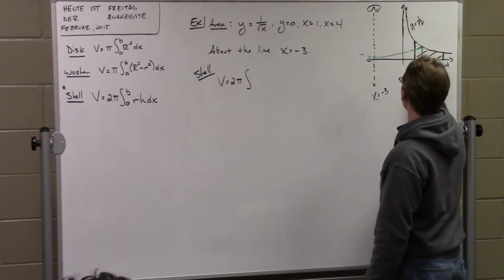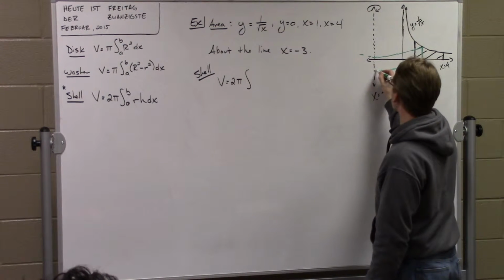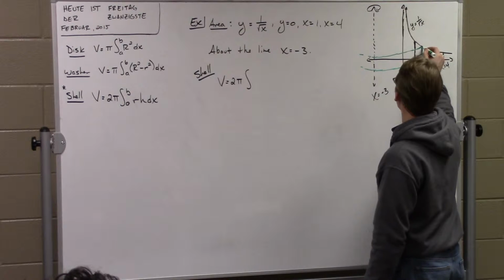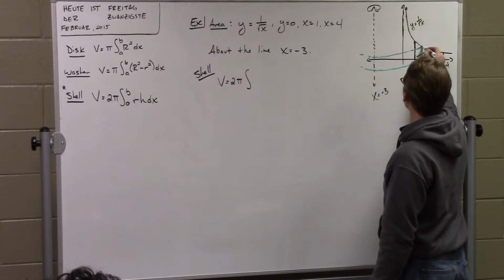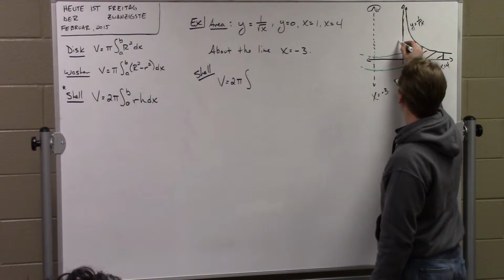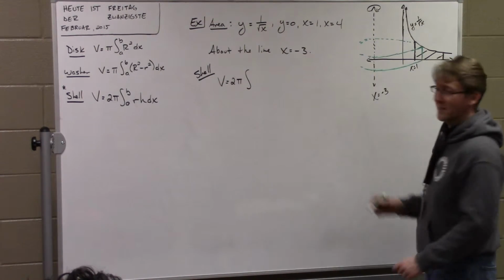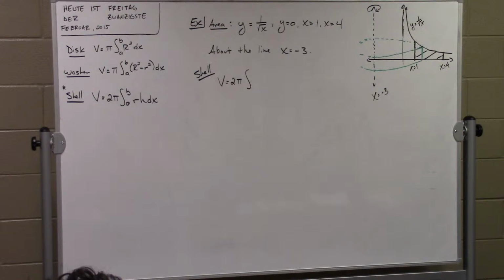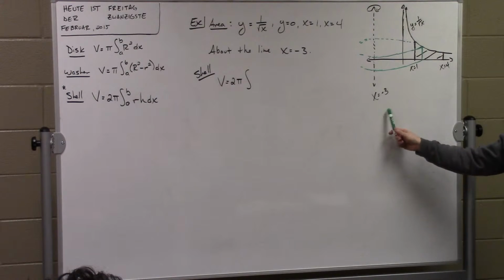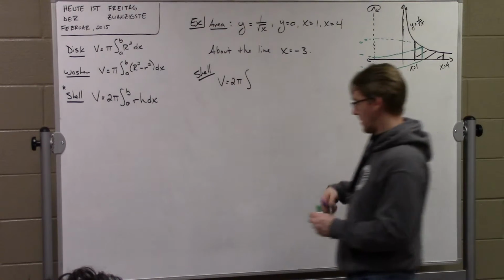These are going to be massive rings, because it's got a long way to go. I don't know how I feel about that. You don't have to feel anything, you just have to do it. It's going around x equals -3, so it has to go around. That's fine.